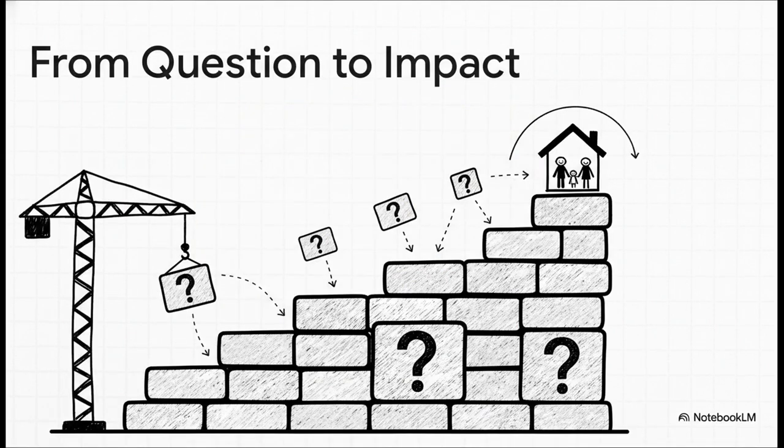I mean, our entire understanding of something like family dynamics, it didn't come from one giant eureka moment. It's built brick by brick from thousands of small, focused studies. And every single one of them started exactly where these students are, with one good question. Over time, all these bricks form a wall, a foundation of knowledge that can actually help real families navigate some of life's most complex challenges.